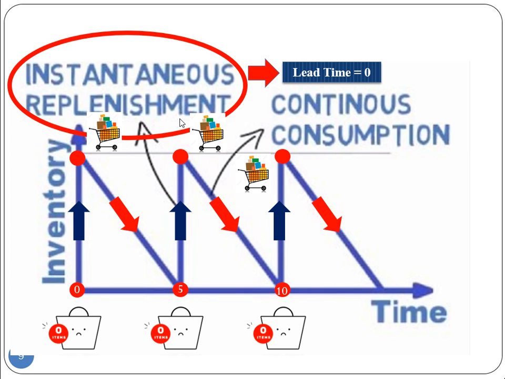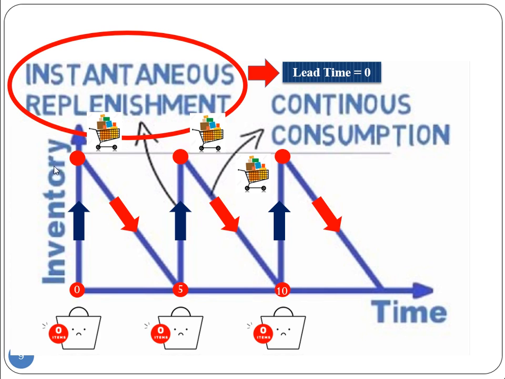For the instantaneous supply, in that case, you can see suppose from here this is the 0th day, this is the 5th day, this is the 10th day. On the 0th day, suppose he placed the order, the inventory is 0 over there, and he placed the order and gets the instantaneous supply and the maximum inventory, and then the inventory is going to be consumed, the cycles are going to be sold per day.